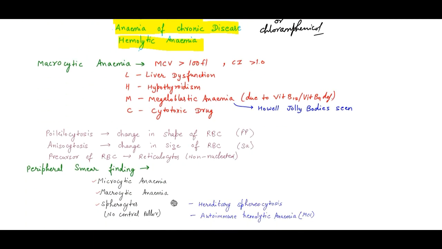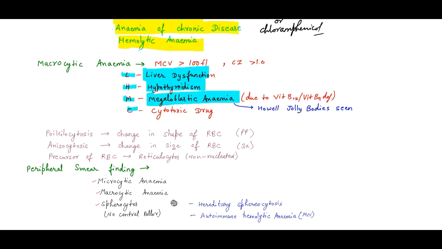What about macrocytic anemia? Remember LHMC. What is LHMC? Liver dysfunction, hypothyroidism, megaloblastic anemia, and cytotoxic drugs. Liver dysfunction and hypothyroidism also lead to macrocytic anemia.